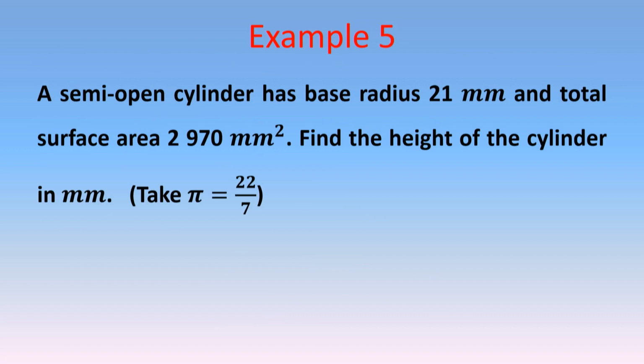The next example now, a semi-open cylinder. What does a semi-open cylinder mean? It means that it is open at one end. Only one end is open. So, a semi-open cylinder has base radius 21 millimeters and total surface area 2,970 millimeters square.